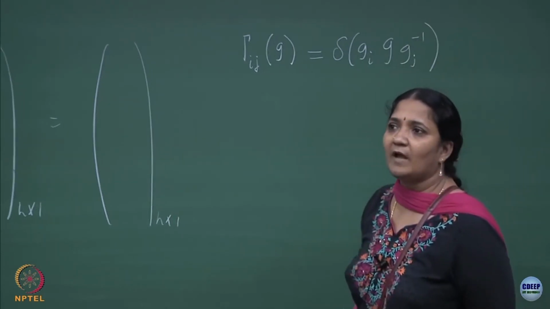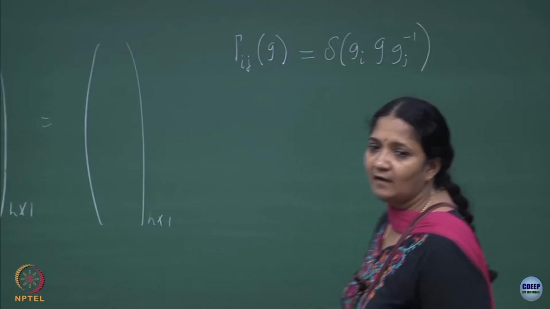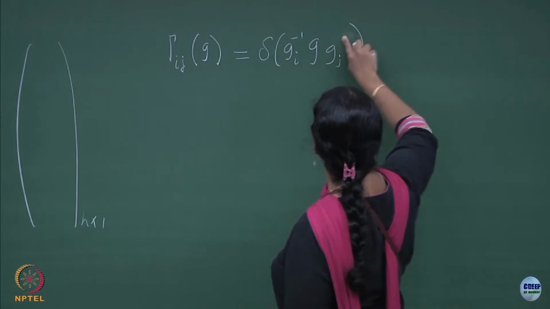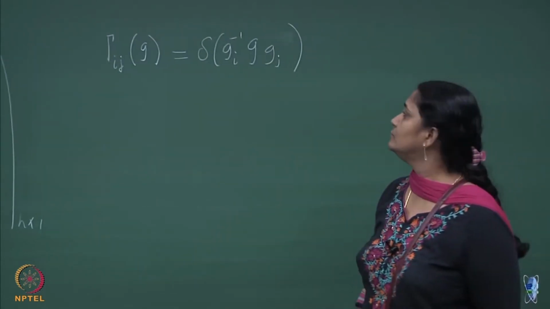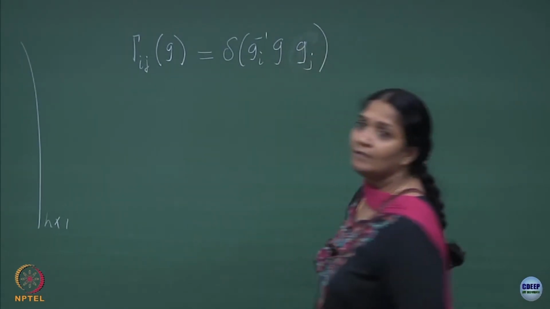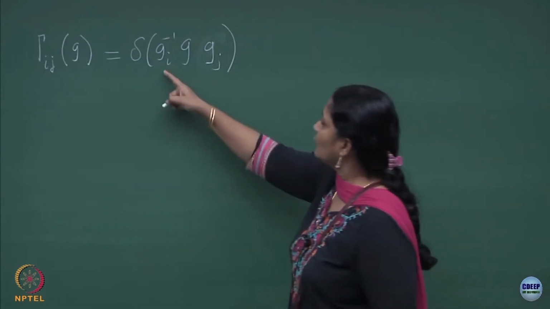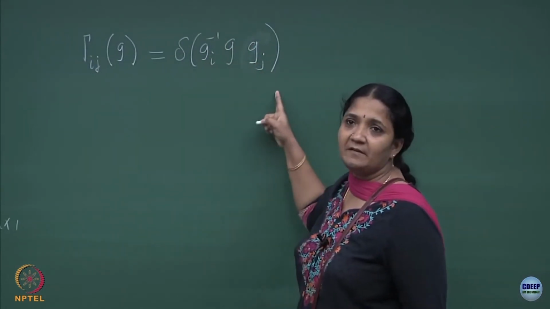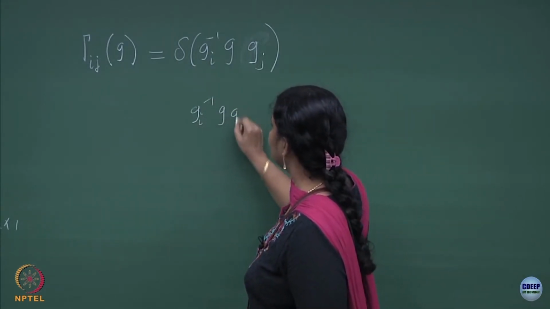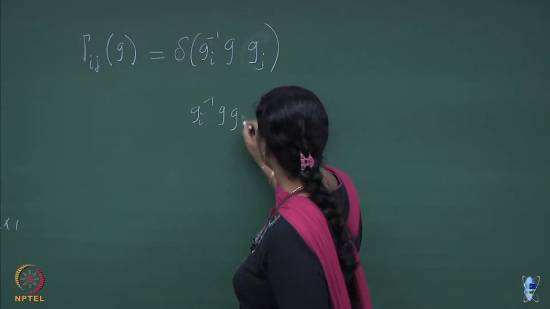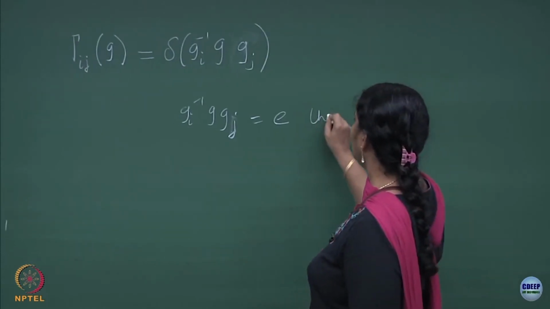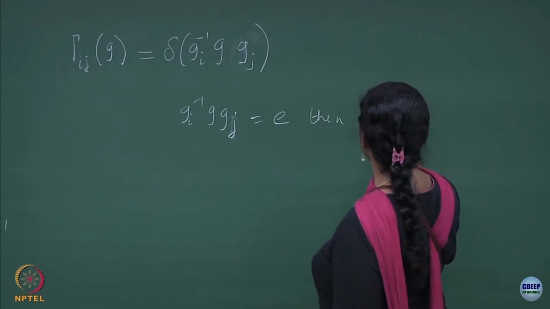So, you are given these representations, the matrix elements are written by this, this is the way we are going to write. What is the meaning of this delta? Sorry, I have given it as Gi inverse G, it does not matter, but you follow one notation. So, Gi inverse G Gj. If this product Gi inverse G Gj is the identity element, then delta of E is 1.